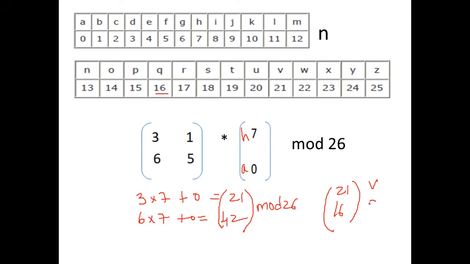Q. So for H and A, the corresponding ciphertexts are V and Q. So this plain text message, SATHISHA, has been encrypted to the ciphertext CEMTQIVQ.